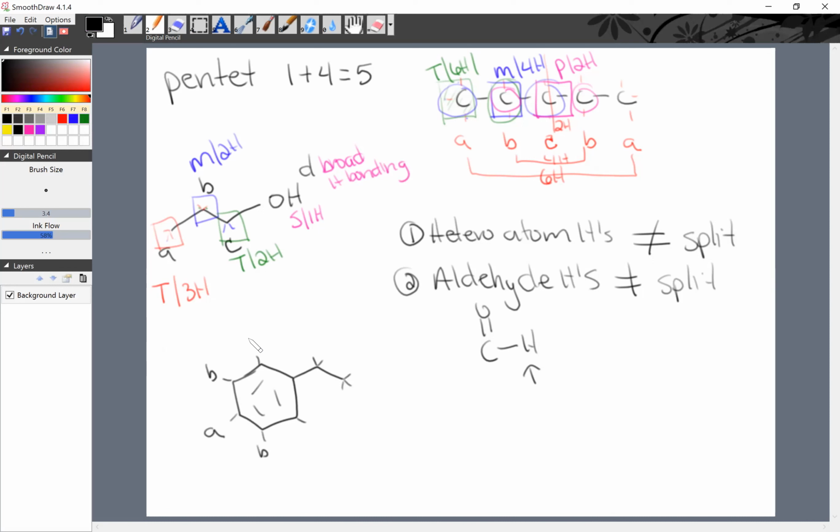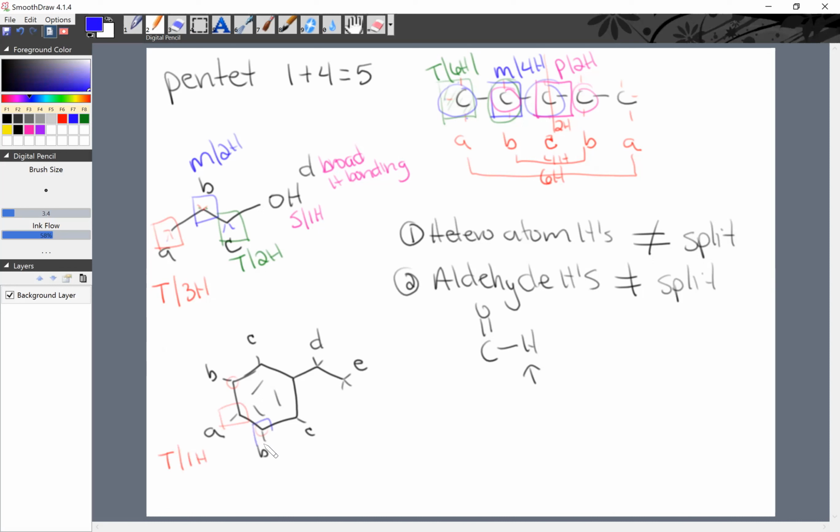These 2 are identical. Those 2 are identical. There and there. Now for each piece, for the splitting, this one right here has 2 neighbors. So it is going to be a triplet that integrates for 1 hydrogen.